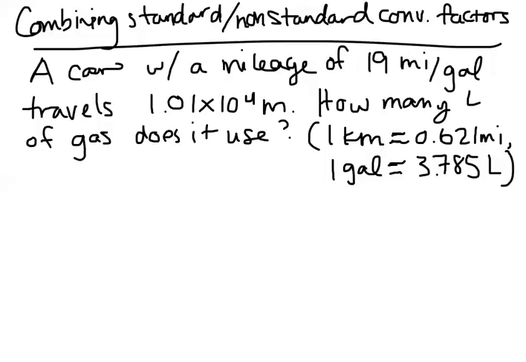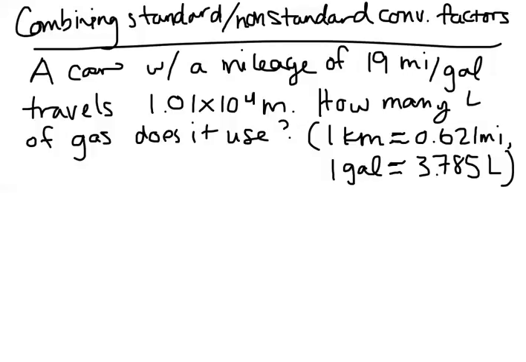This is a really good candidate for writing a unit map. If you look at a question and your first thought is, I don't know how I'm going to get from that to that, start with a unit map. Instead of just throwing down numbers, start with a unit map. It will help you move through the problem more quickly, give you more time, and help you be more accurate in your answers.